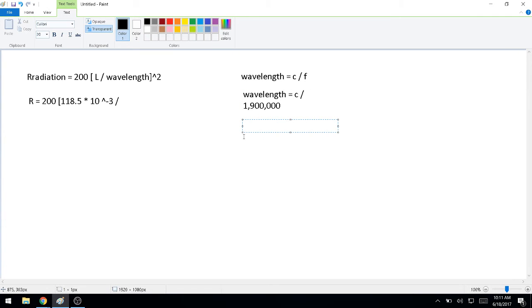And eventually that gives us a wavelength of 157.9 millimeters, or 10 to the negative third.